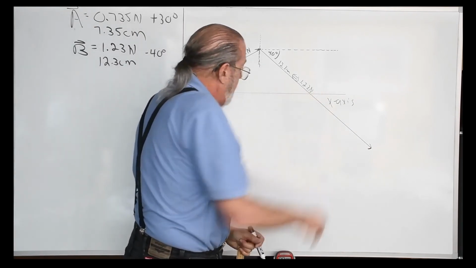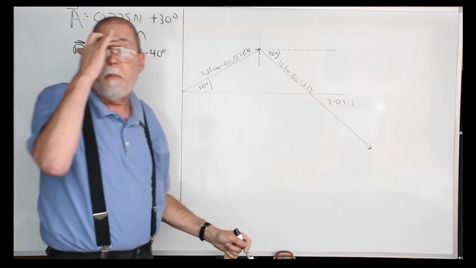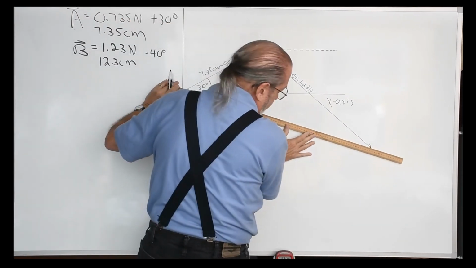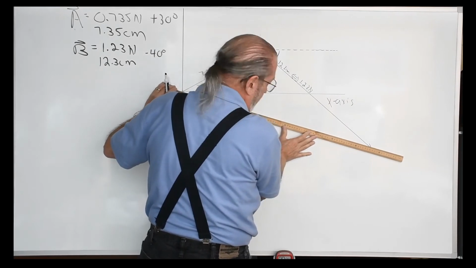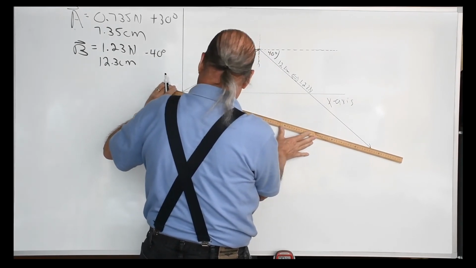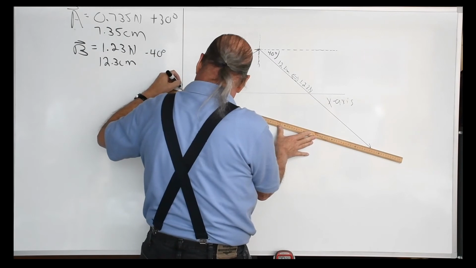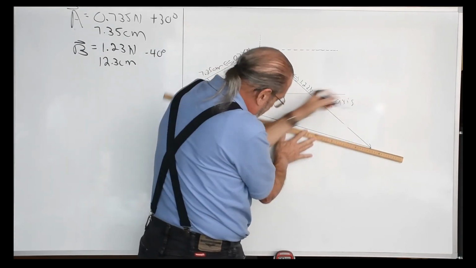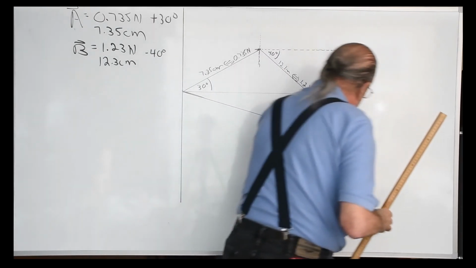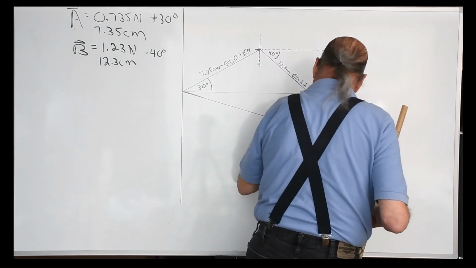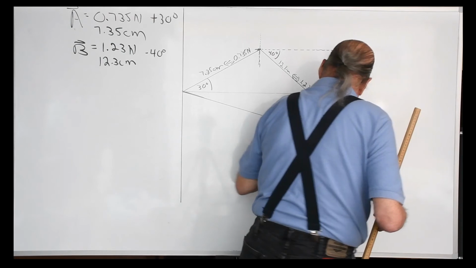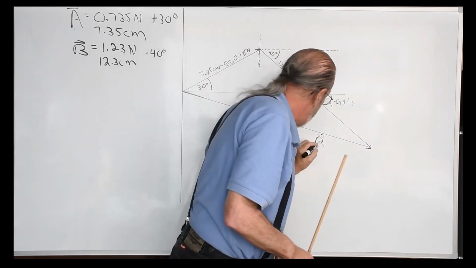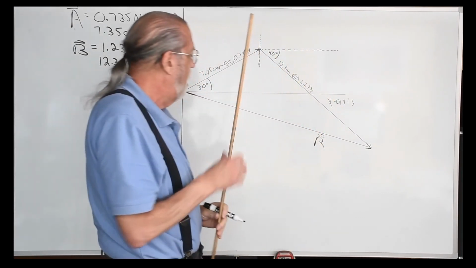We put them head to tail, and the rule for graphically adding vectors is we now draw a line from the tail of the first to the head of the last, and that is the resulting sum of those two vectors.